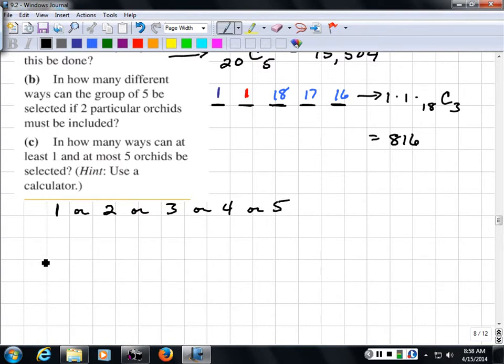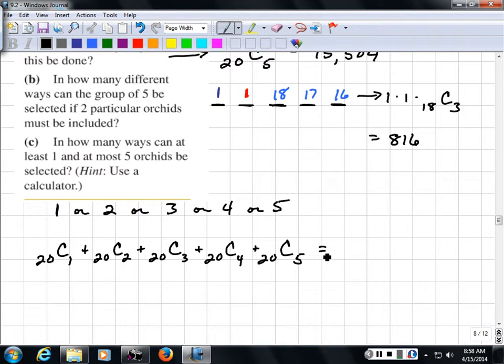Which means I'm looking at 20C1 plus 20C2 plus 20C3 plus 20C4 plus 20C5. You would type all that into the calculator and you would get 21,699.